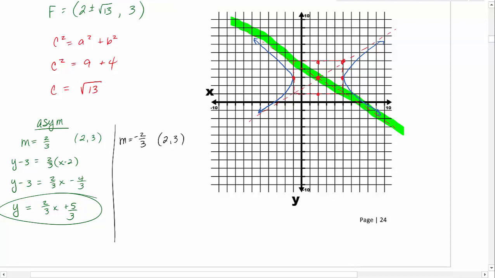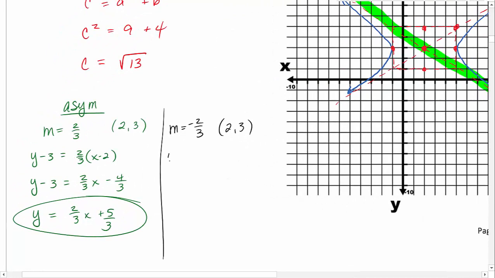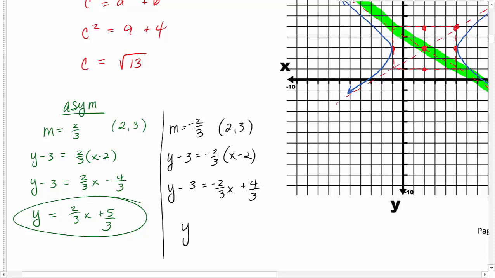Y minus 3 equals -2/3 times x minus 2. Y minus 3 equals -2/3 x plus 4/3. And then we add 3 to both sides. Our second asymptote equation is y equals -2/3 x plus 13/3.